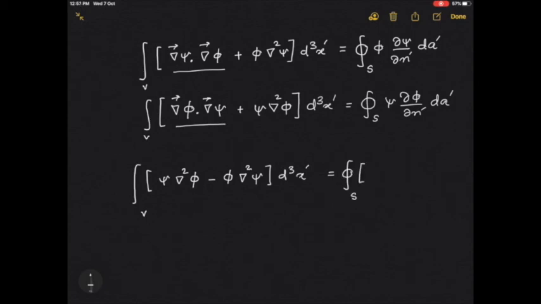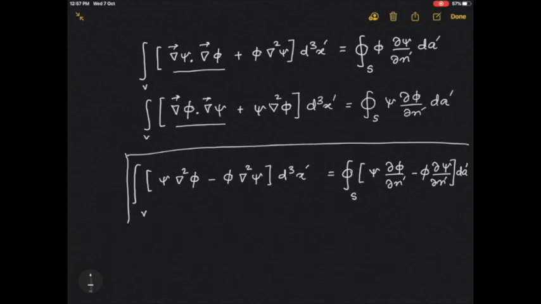In the right hand side, I get the surface integral. This is Green's second identity.